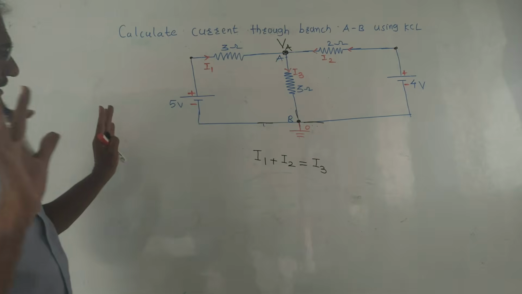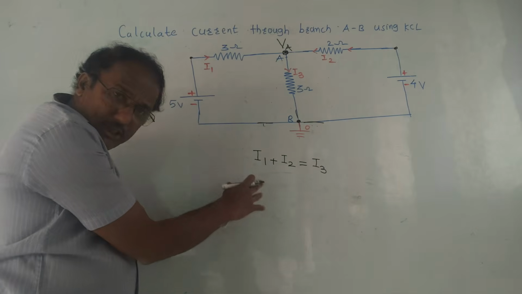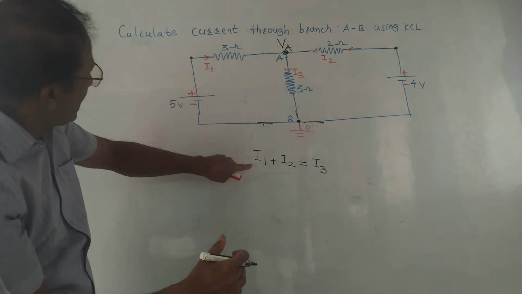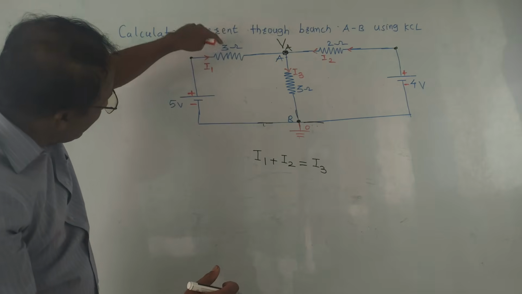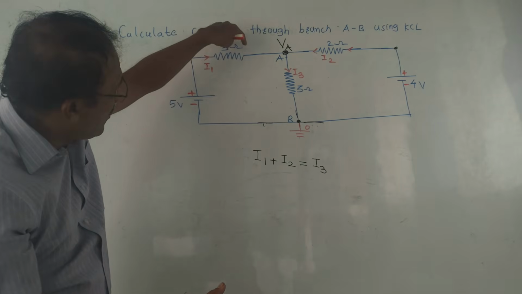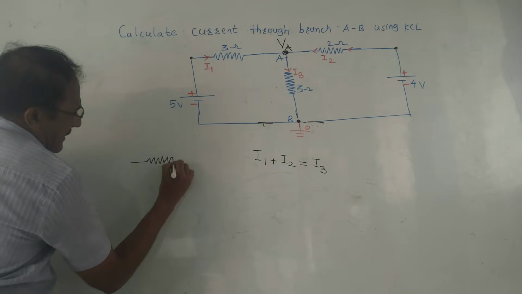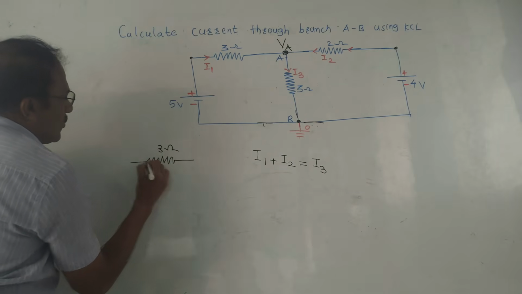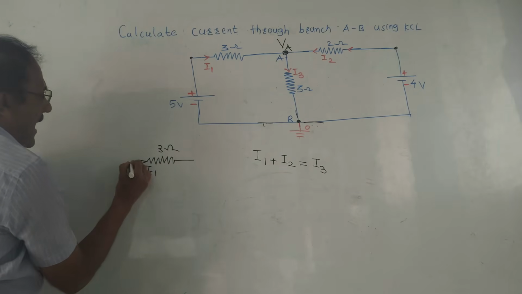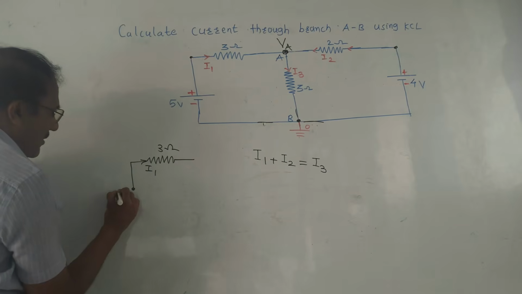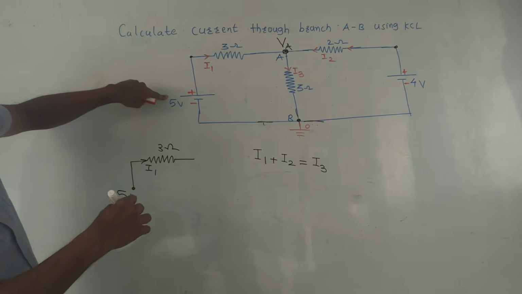Just now we discussed how to express current in terms of voltage. Look at this current I1. Current I1 is flowing through 3 ohm. I will draw a separate diagram for simplicity. This is the 3 ohm through which current I1 is flowing. At one end of the 3 ohm, 5 volt is the voltage source.